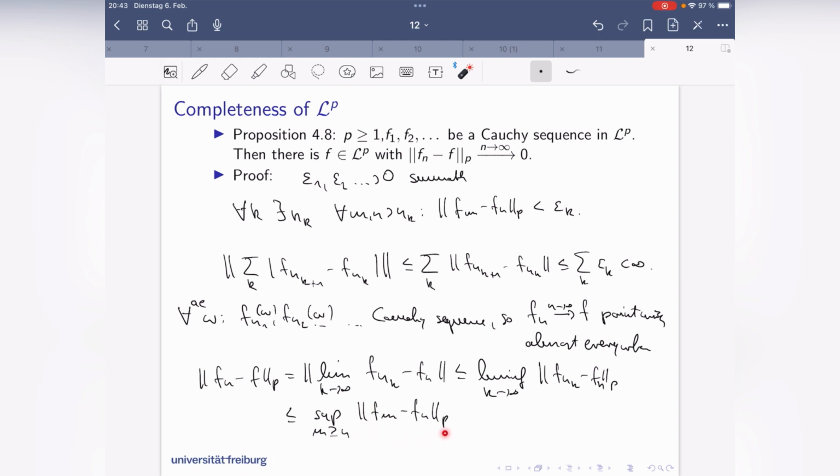But we know this converges to 0 because that's the Cauchy property. So if n goes to infinity, this converges to 0. And that's exactly what we wanted to prove. So we have shown that the LP spaces are complete, which is a nice property, because once you know you have a Cauchy sequence, then you know there must be a limit almost everywhere.